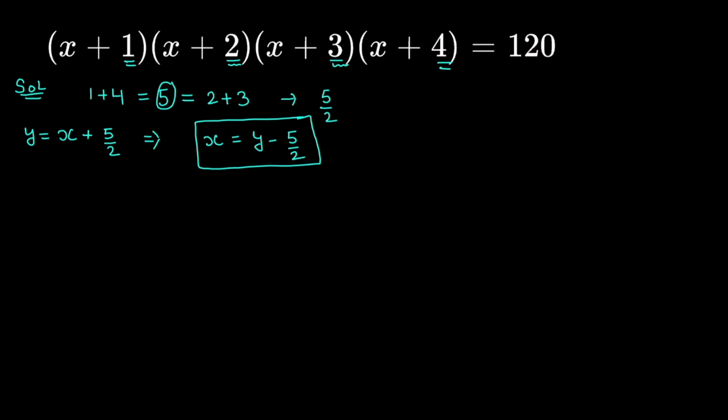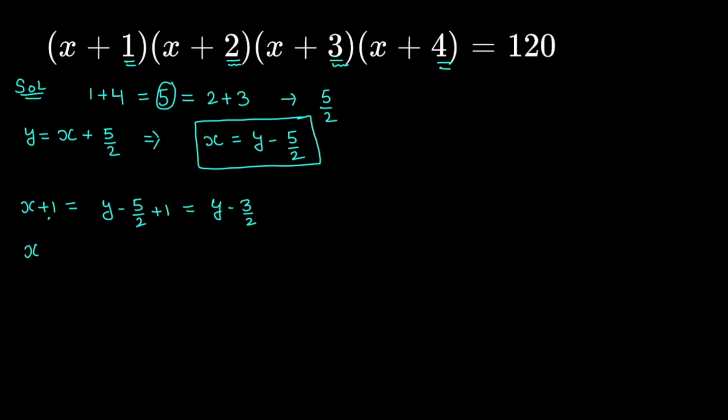Now we find the value of x plus 1. So x plus 1 comes out to be y minus 5 by 2 plus 1, which is equal to, now minus 5 by 2 plus 1 comes out to be minus of 3 by 2. Now we see a magic here.